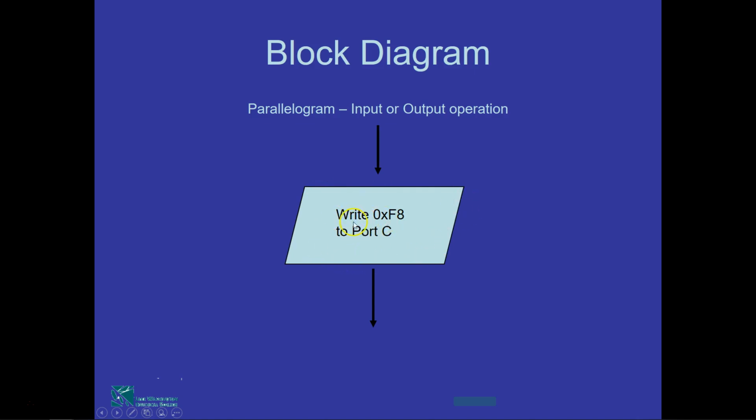For example, we have used here write 0xF8 to port C. This number represents hexadecimal F and 8, and it is asking to write this number into port C, which, let's assume, is a register. So it wants this particular hexadecimal to move into the register. If you have an instruction like this, you will be using a parallelogram.